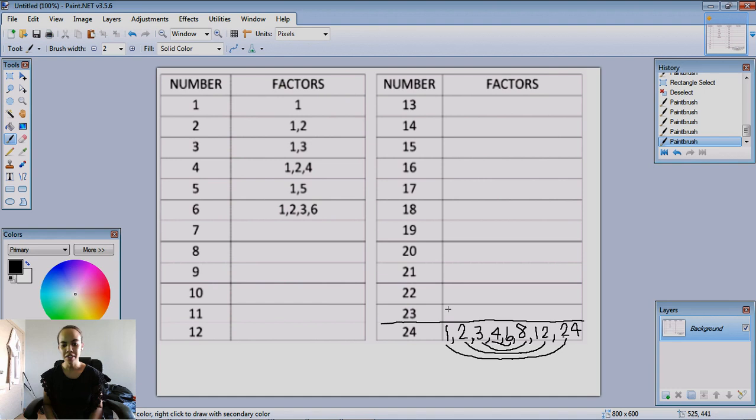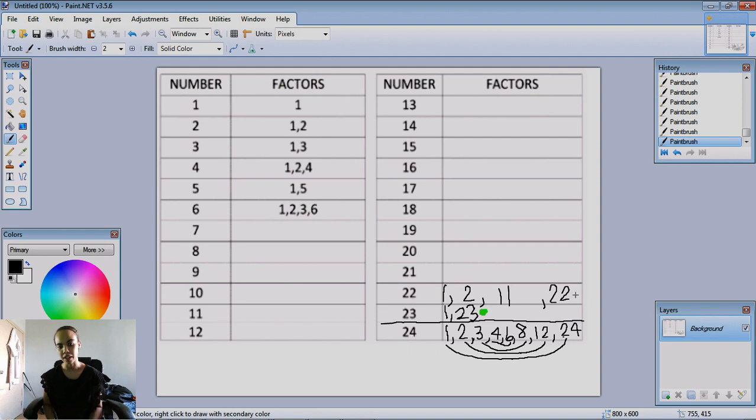The factors of 23, that's 1 and 23. So 23 only has 2 factors, number 1 and itself. So I'm going to do a green dot, and I hope you remember that, and I've given you the answer now. That was also one of the questions from your last video. Then we've got 22, so we've got 1 times 22, and 2 times 11.